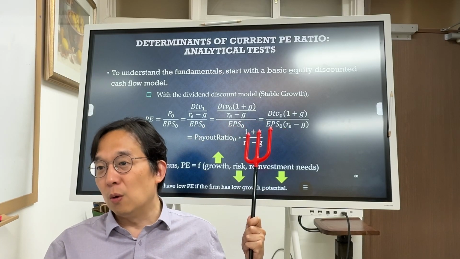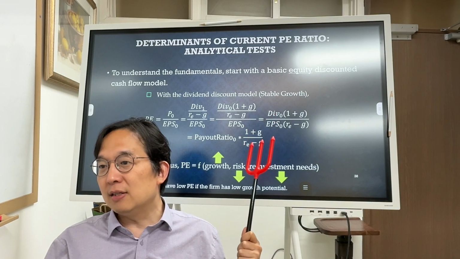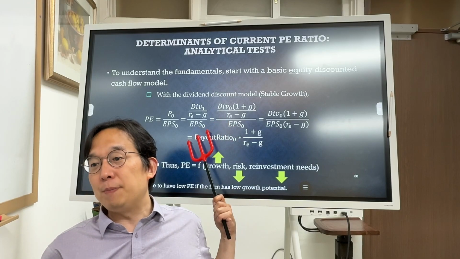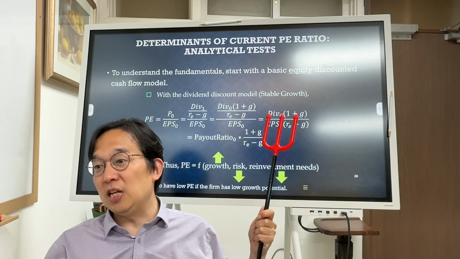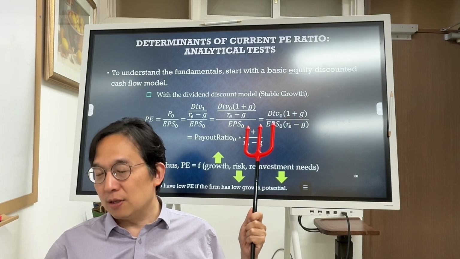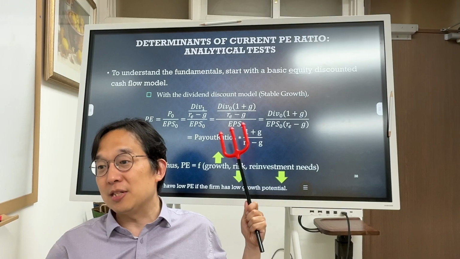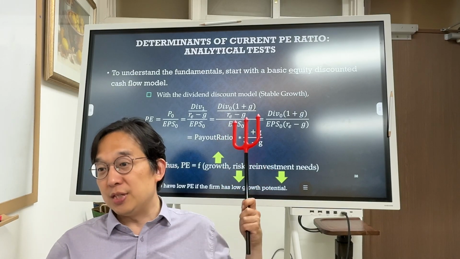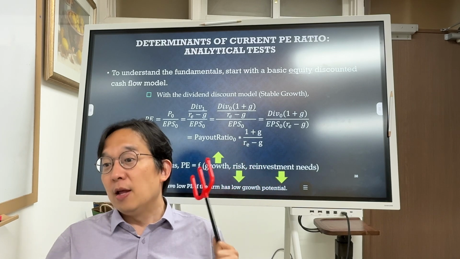Now combined with the denominator's EPS, that will be your payout ratio. And then the 1 plus g should be in the numerator, and the r minus g should be the denominator of the whole number. So you see 1 plus g over r minus g going on.